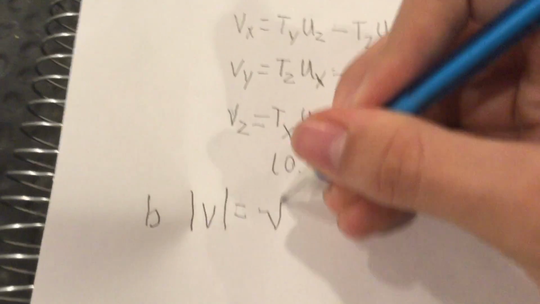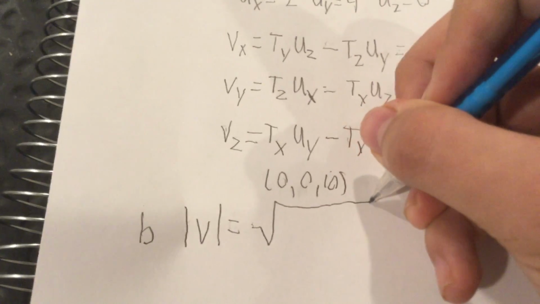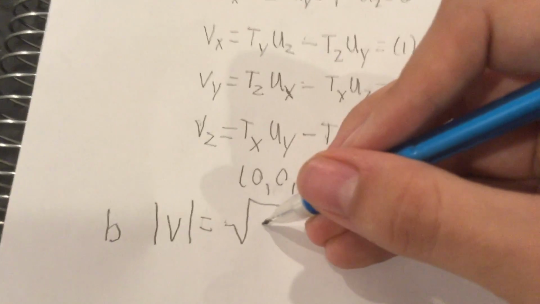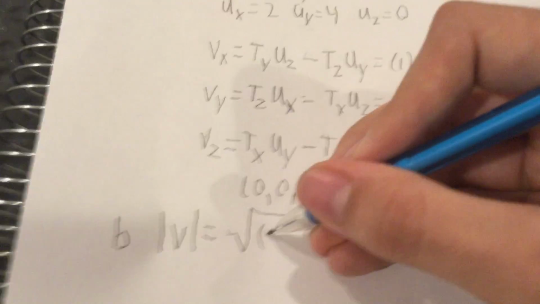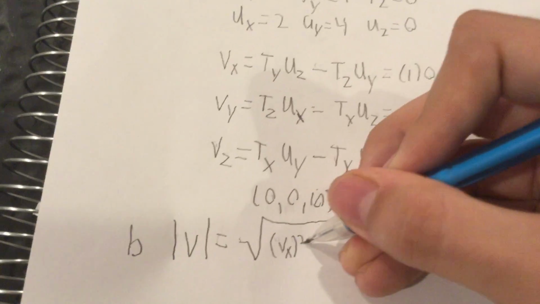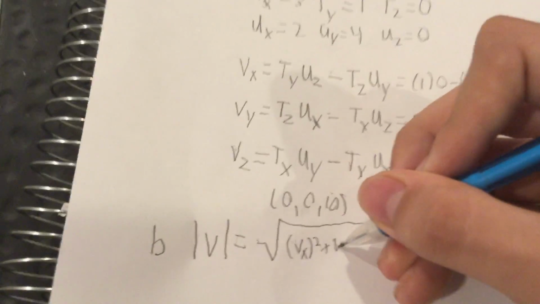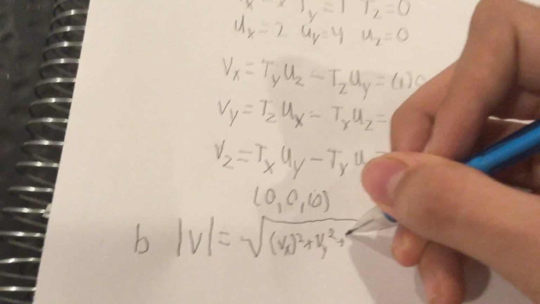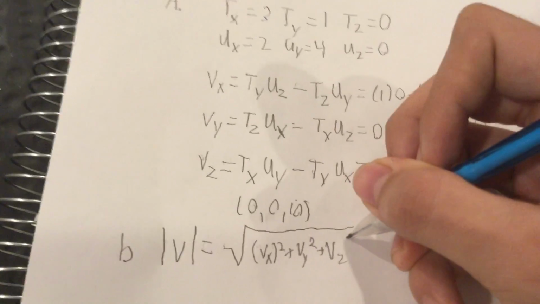So the magnitude is going to be the square root of v of x squared plus v of y squared plus v of z squared.